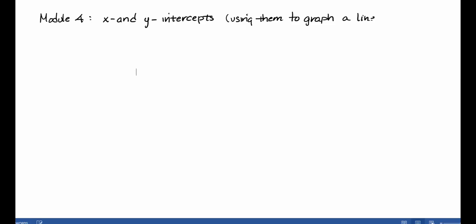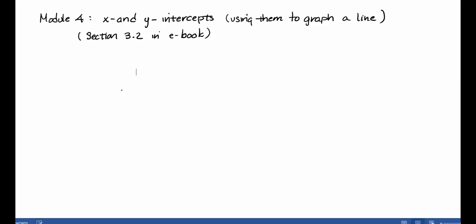And here we're going to be talking about X and Y intercepts, and then using them to graph a line. Okay, this still corresponds to section 3.2 in your ebook.